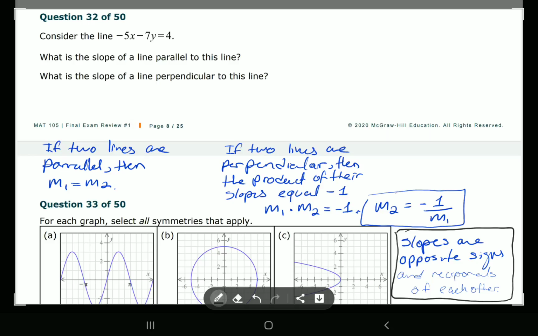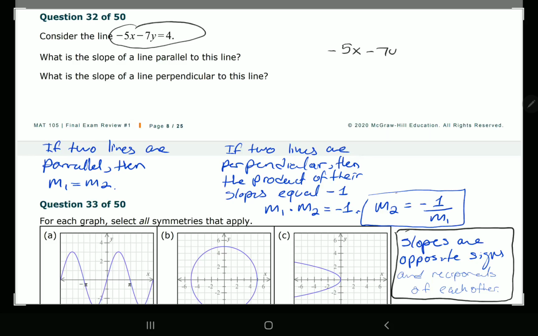What I'm going to do is solve for y in this line to find the parallel slope and the perpendicular slope. So that's -5x - 7y = 4. Let's solve for y. First, let's add 5x to both sides. -7y = 5x + 4.